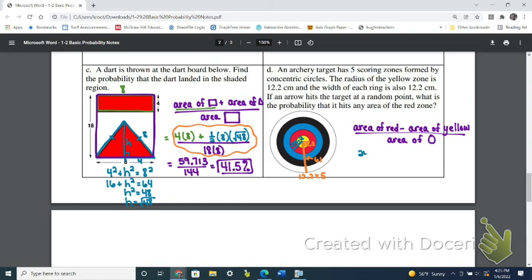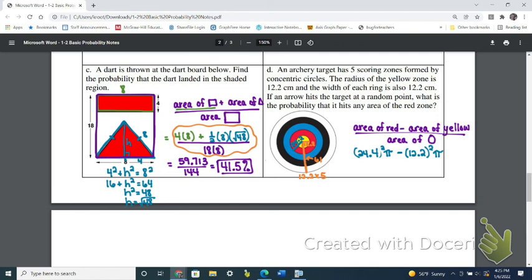So it's going to be 24.4 squared times pi, because it's pi r squared. Then if I look at the radius of the yellow one, that is going to be minus, the radius of the yellow one is 12.2, sorry. 24.4 minus 12.2 squared times pi.